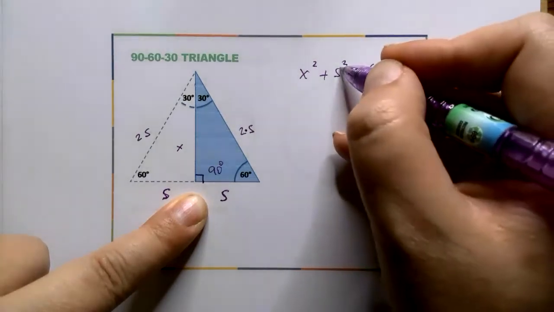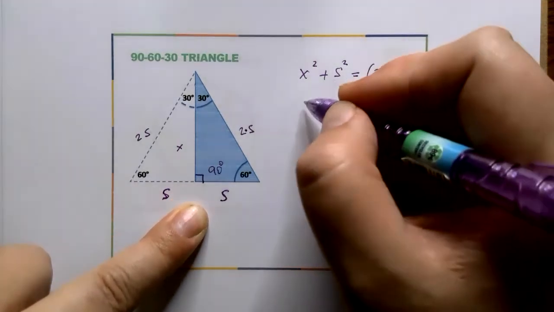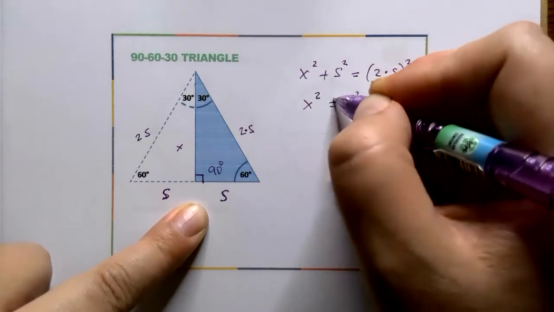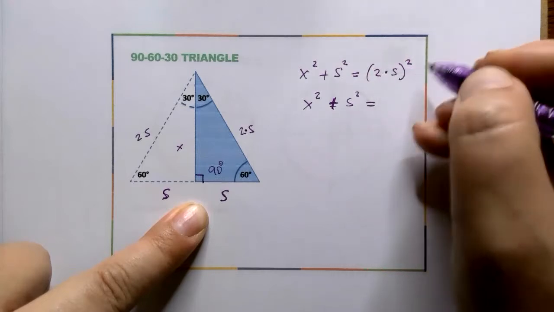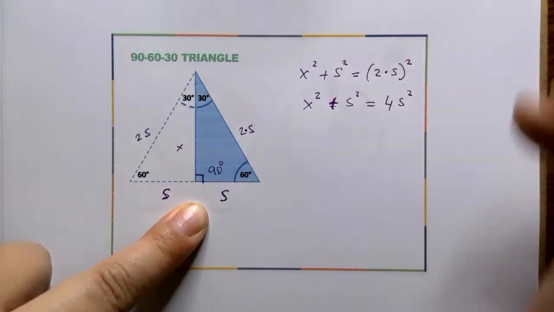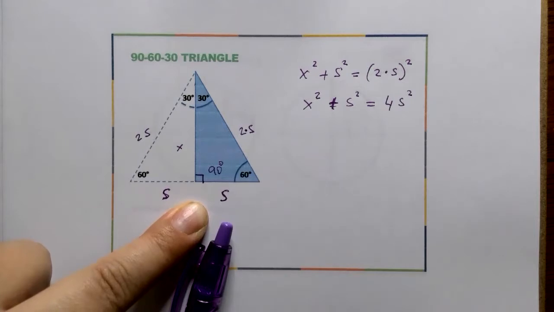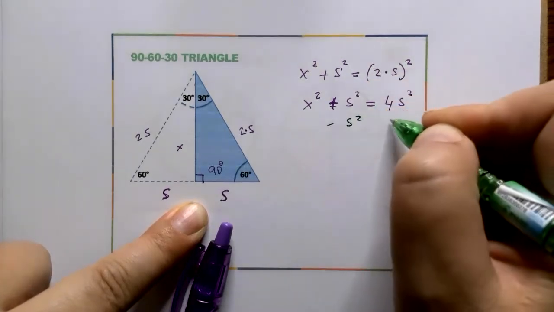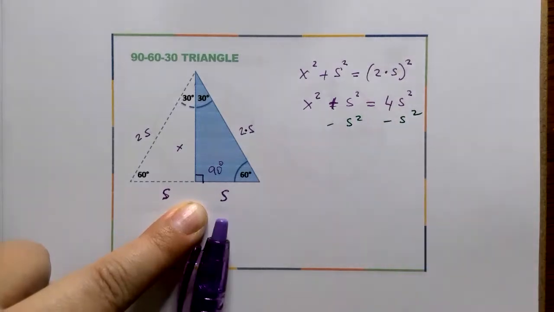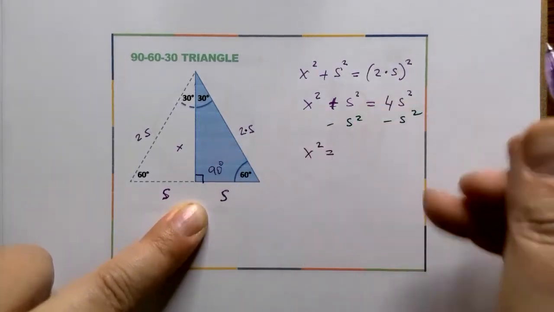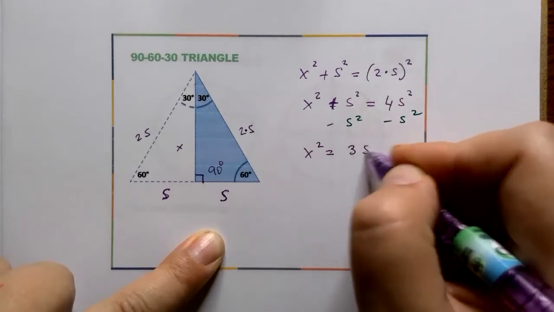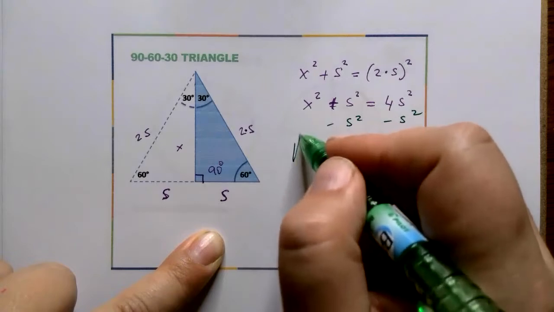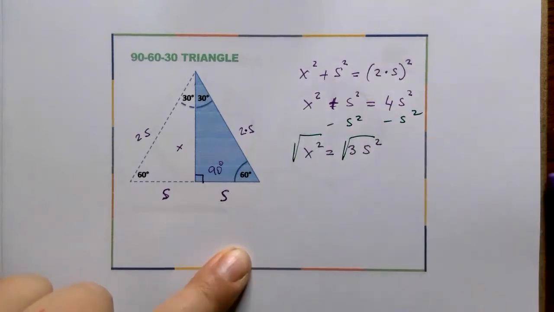So that's Pythagorean theorem. Okay, so let's go ahead and solve it for x. 2s squared is 4s squared. Now, in order to isolate x squared, we're going to subtract s squared on both sides, and we're going to have x squared equals 3s squared. Now to unsquare x, we're going to put the square root.